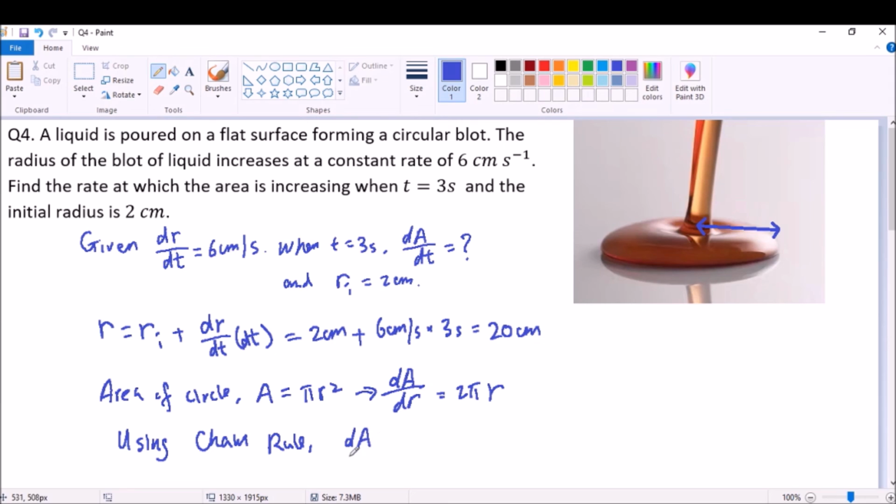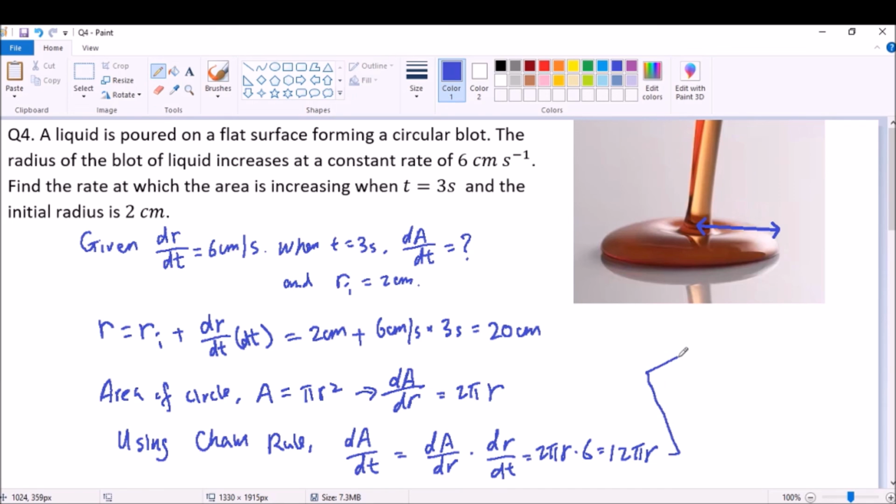We express dA over dt equals dA over dr multiplied by dr over dt, where dA over dr is 2 pi r, and dr over dt is 6, so it is 12 pi r.